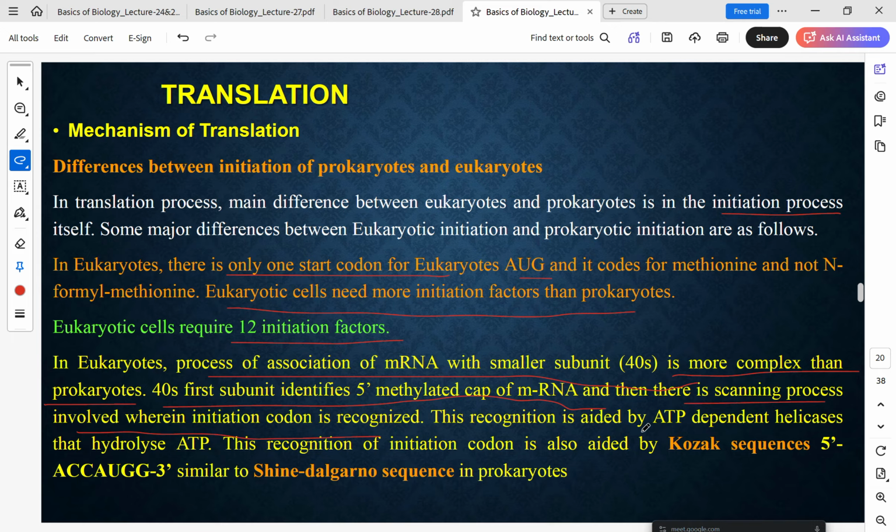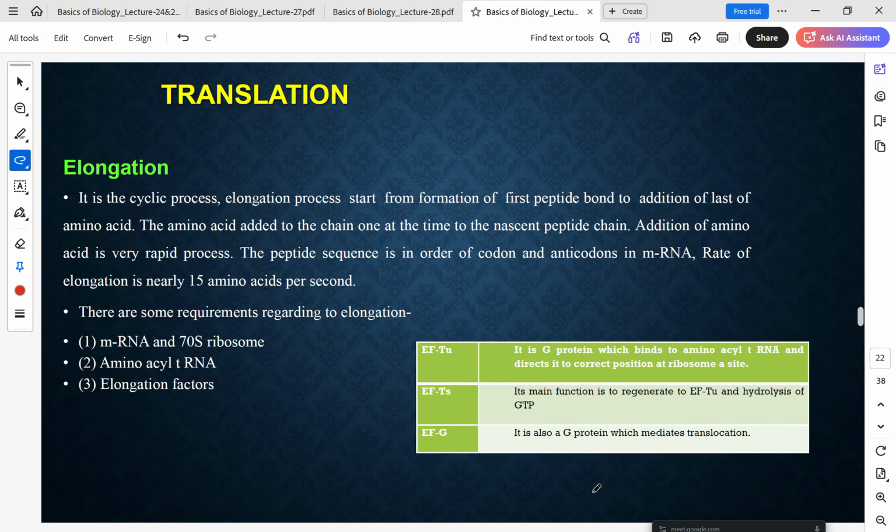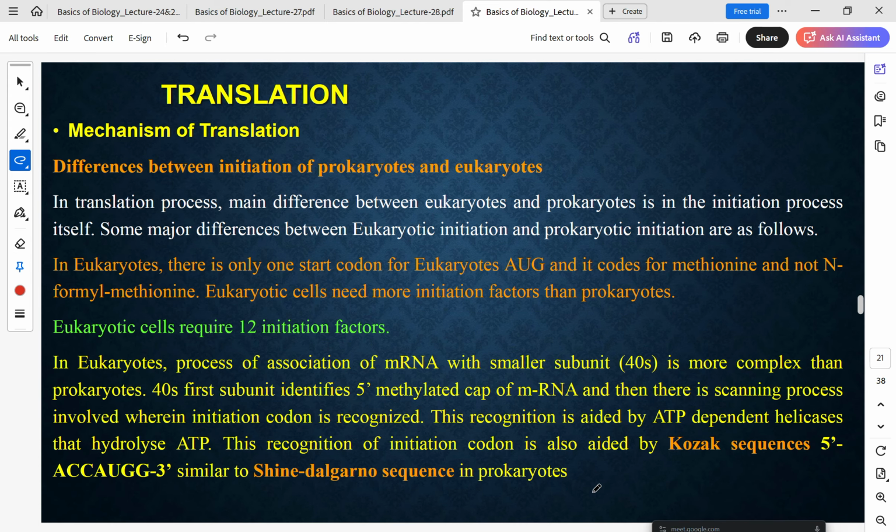This recognition is aided by ATP-dependent helicases that hydrolyze ATP, and the initiation codon recognition occurs by the Kozak sequence, similar to the Shine-Dalgarno sequence in prokaryotes. Only once this recognition is done does the elongation start.